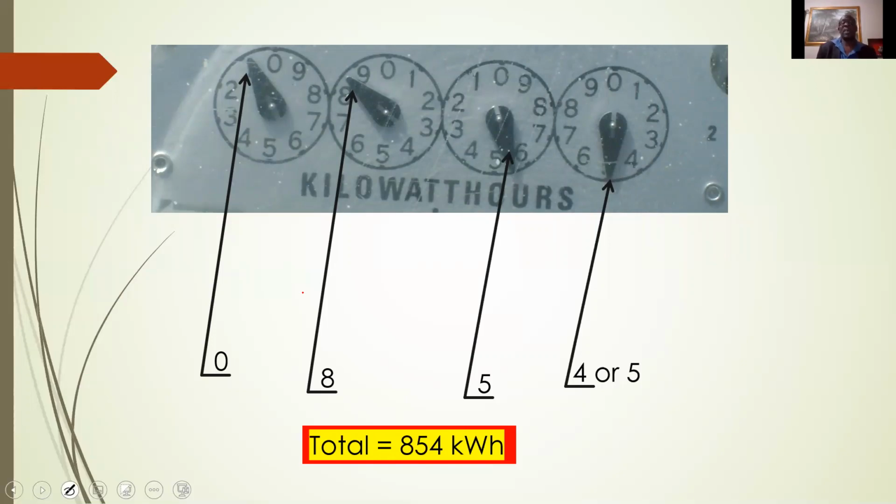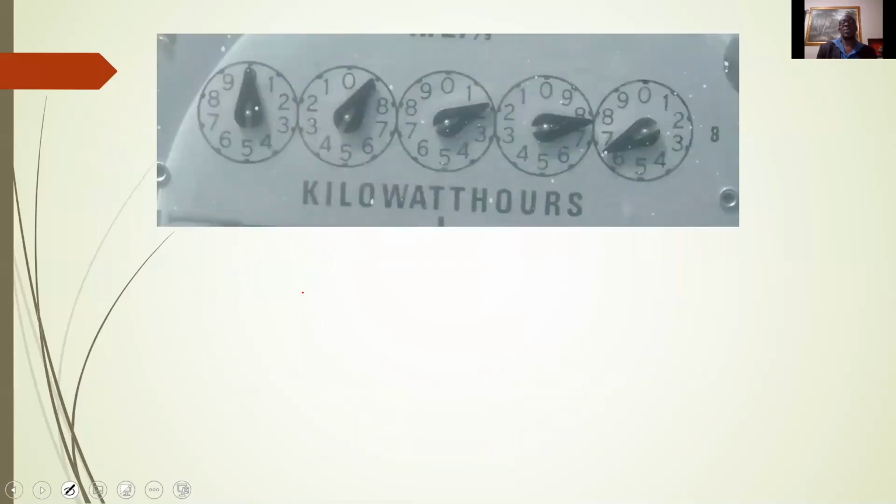If we look at a 5-dial watt-hour meter, again, the first one is 9 because it's not fully on 0. Next, it's between 0 and 9, so we have 9, but it's actually on 9.